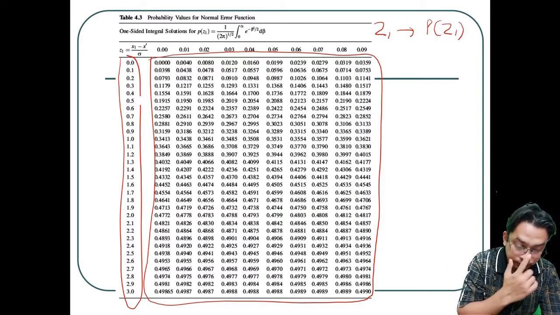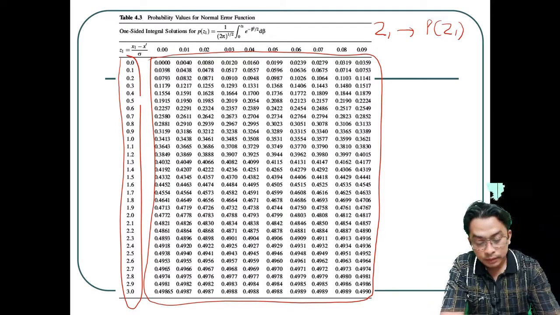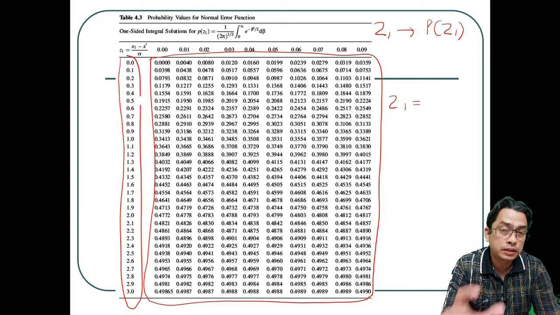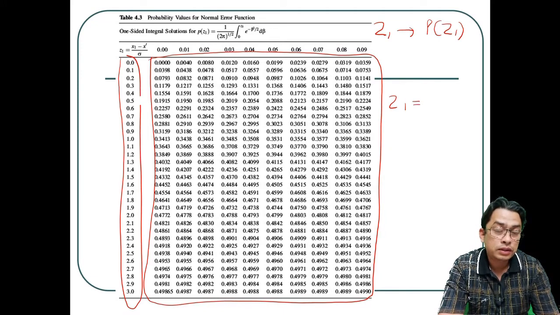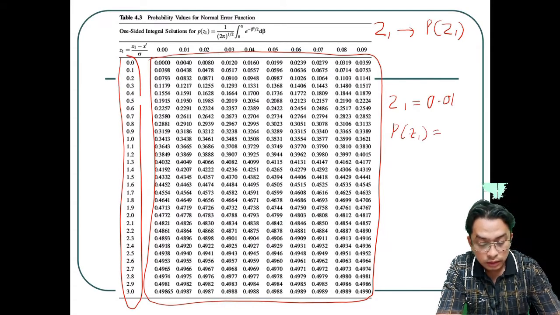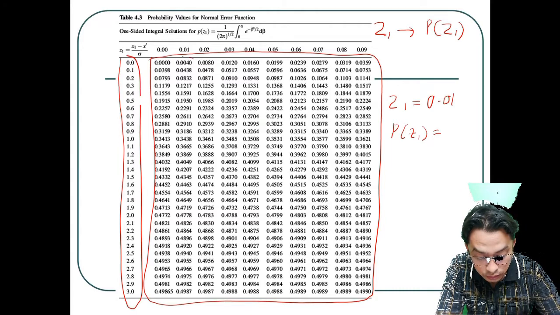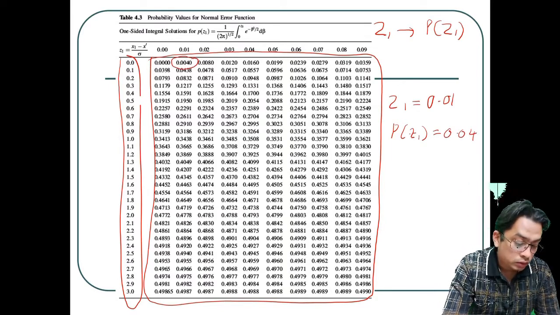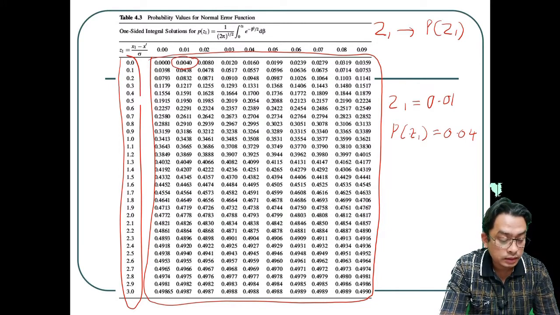Alright, for example, if I want to find z1, let's say I took a very small value of z, so let's say 0.01, so it will map to pz1, which is here, this one, so 0.04. So that is the value for pz1.